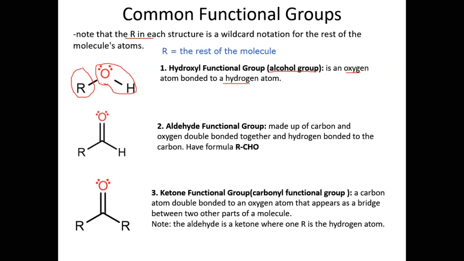So for example, this would be an alcohol. This is actually 1, 2, 3. This is propanol. Again, what you're looking for is this OH attached to the rest of the molecule. That's referred to as an alcohol.